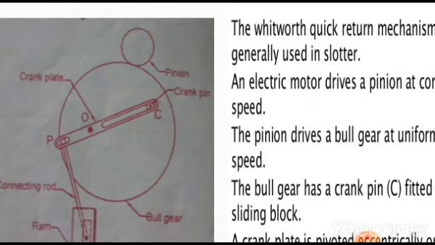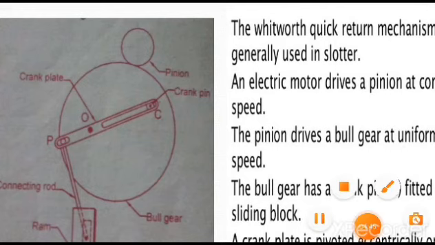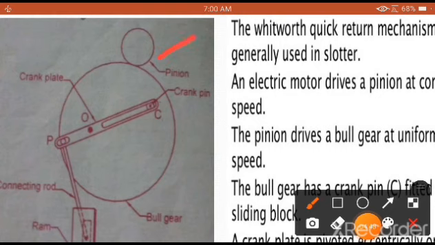We first drive the pinion, which is driven continuously with the help of a motor or a gearbox, depending upon the speed arrangement. This pinion is in connection with the bull gear. The word bull is used because it is a big gear compared to the pinion's gear teeth.